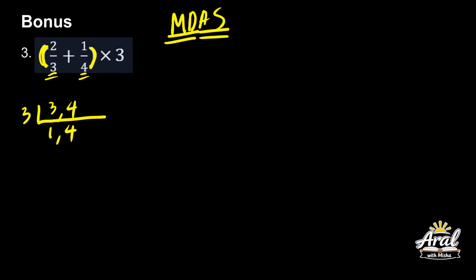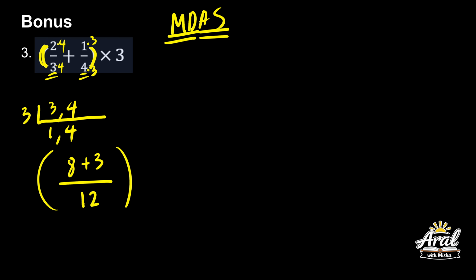Dapat gawin mo munang 12 yung baba. Okay? Paano maging 3 times 4? Nag-times 4 ka dito, mag-times 4 ka rin sa taas. So, 8. Plus, para maging 12, 12 divided by 4 is 3. So, nag-times 3 ka, magta-times 3 ka rin sa taas. Okay? So, 3.